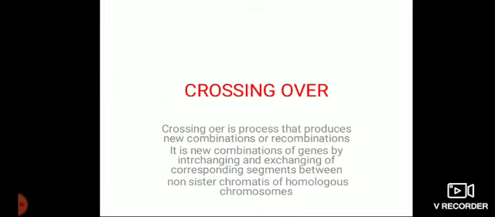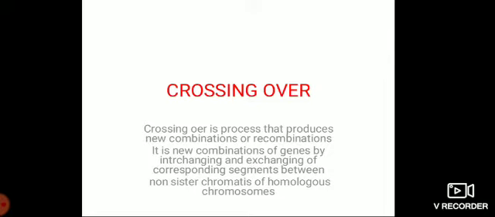Crossing over. Crossing over is an important part of evolution and heredity. Crossing over takes place during meiosis. During meiosis, there are phases like prophase, metaphase, anaphase and telophase.